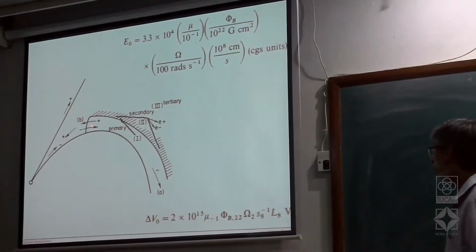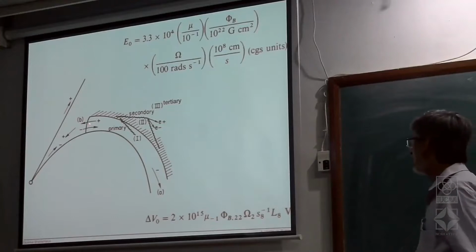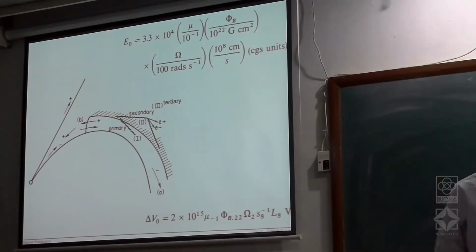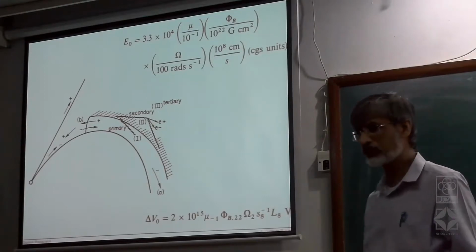The potential drop from the inner edge of the gap up to the light cylinder is something like 2 times 10 to the power 15 volts for typical parameters. So if you leave a particle over there, then this electric field is going to accelerate it to 10 to the power 15 electron volts.